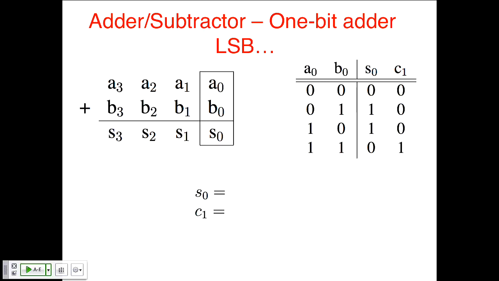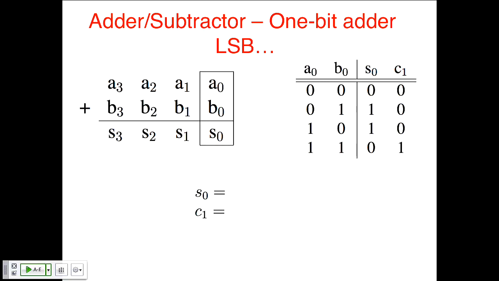Remember, I'm trying to build a combinational circuit that will take these inputs as signals, and after some propagation delay, the output will settle to the sum of the inputs. To break things down and make it easy, I'm just going to look at 1 bit now, the first bit, the lowest bit, the bit that has the least significant value, bit 0.